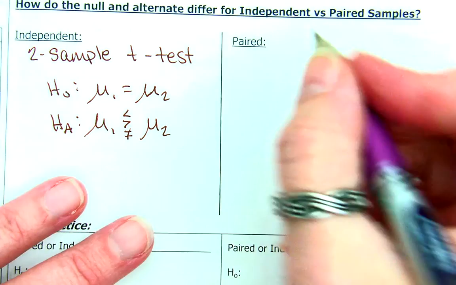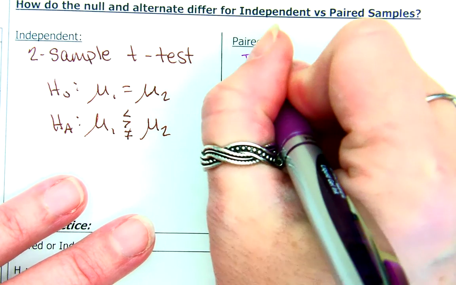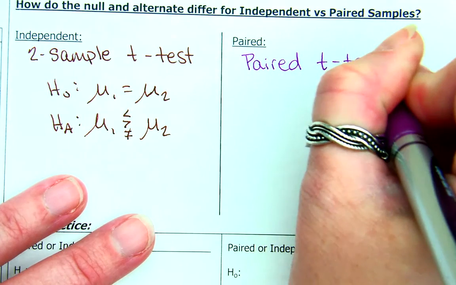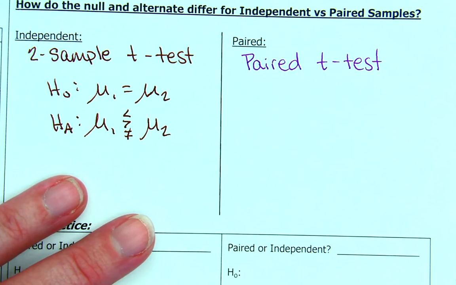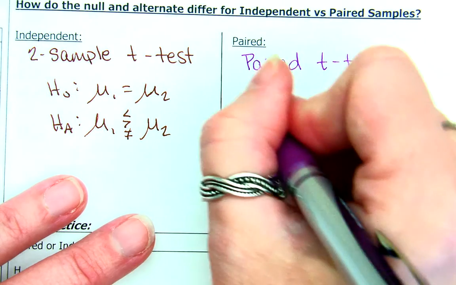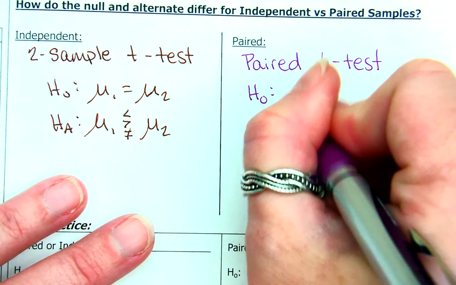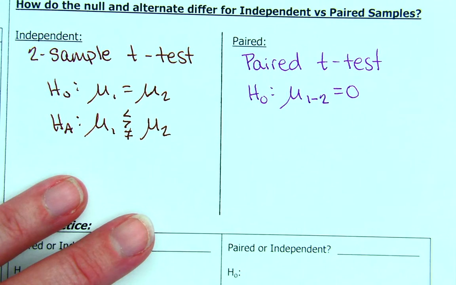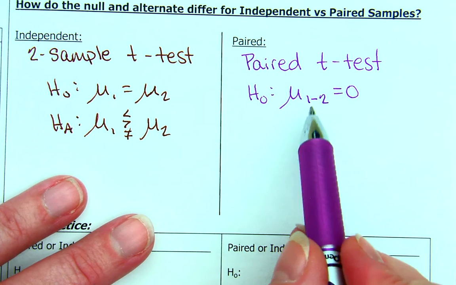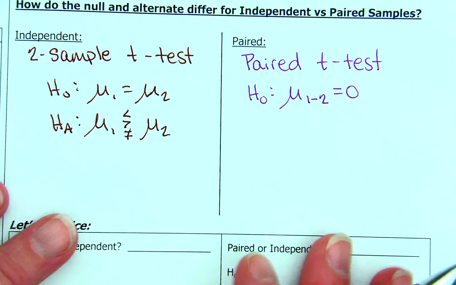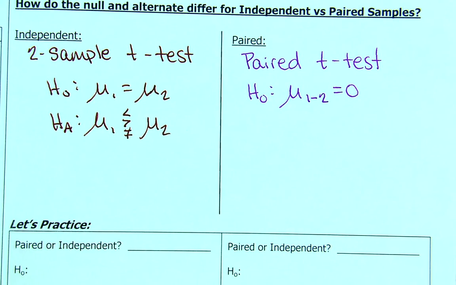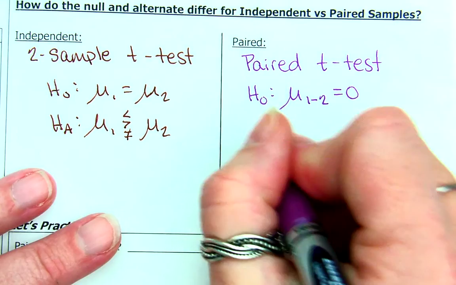If it is paired, then we identify this as a paired t-test. And our hypothesis is the difference is 0. So we're finding differences and then finding the mean. Here we were finding means and then comparing those to each other. Okay.